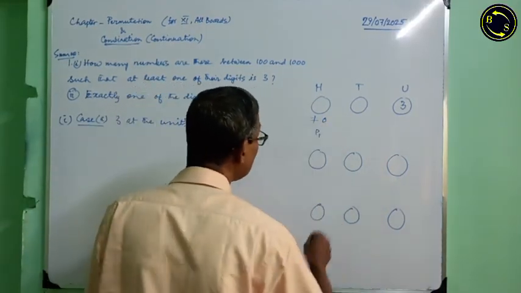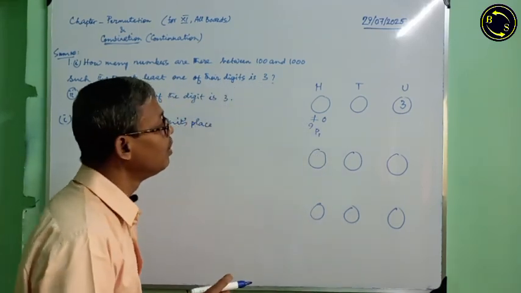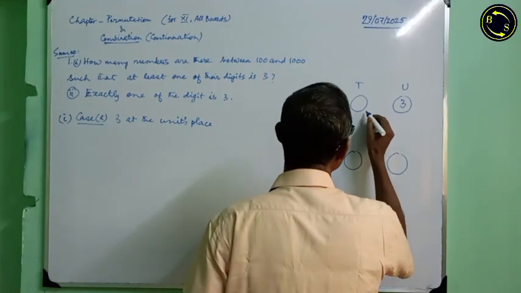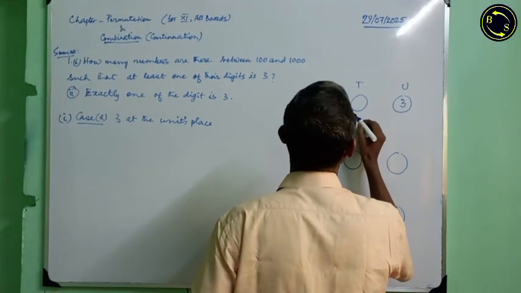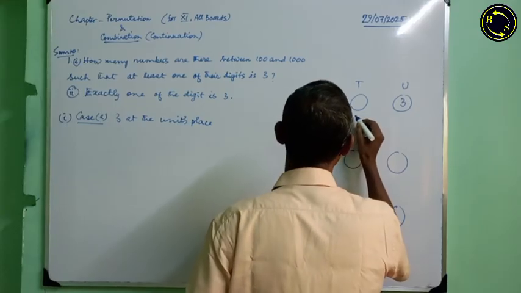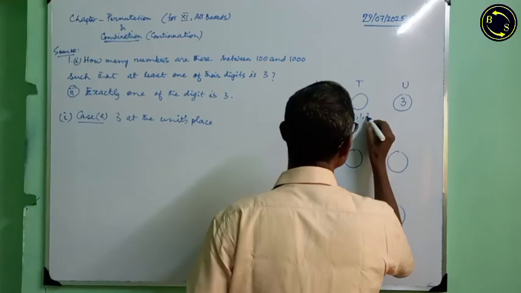Therefore, now this tens place can be occupied by 0, 1, 2.